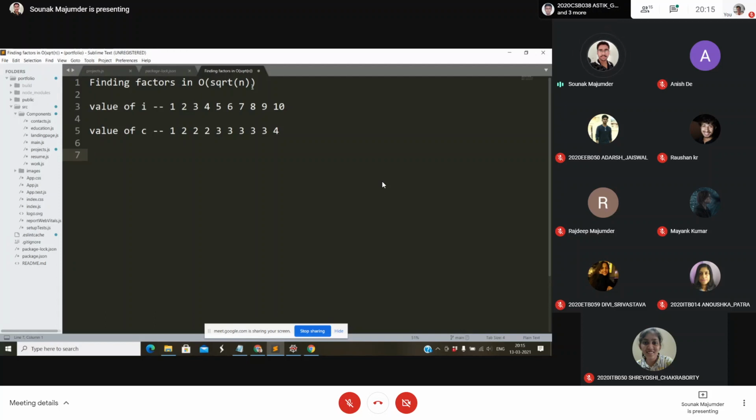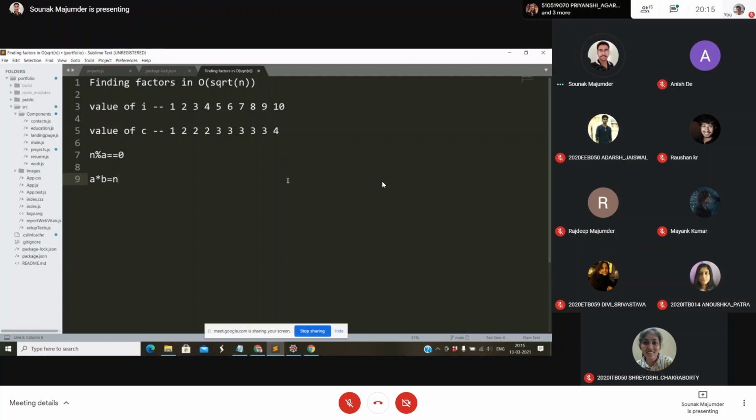First, we have to see one theorem. Say n is divisible by a, then let's say a into some number b equals n. This is quite obvious.